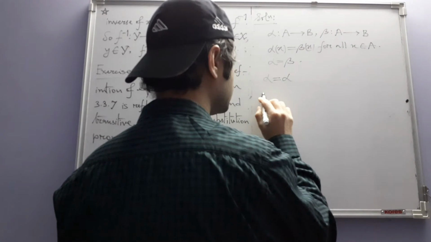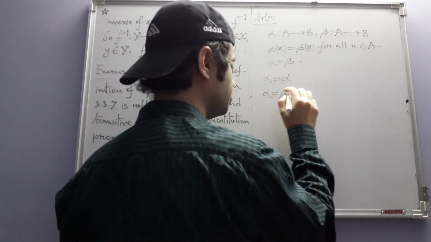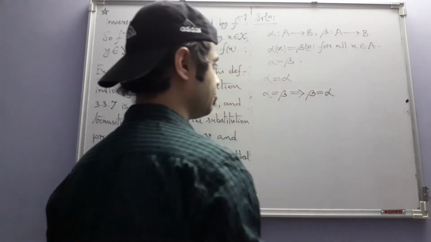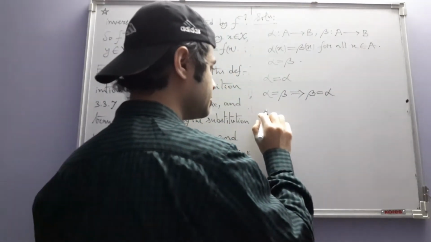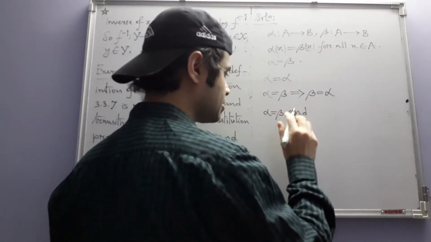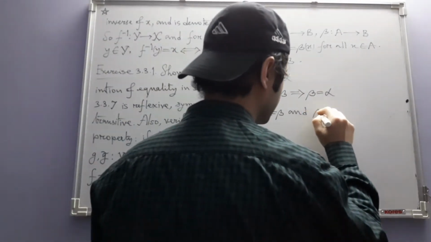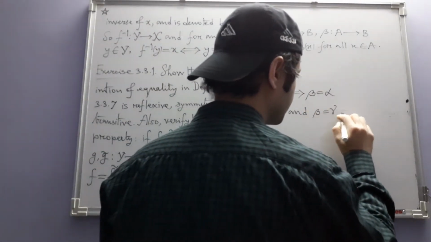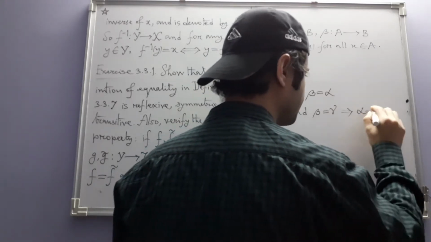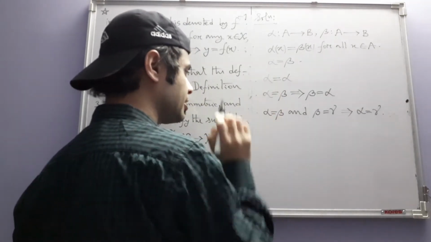Symmetry means this: if alpha is equal to beta, then beta is equal to alpha. And transitivity is this: if alpha is equal to beta, and suppose we have another function gamma, and beta is equal to gamma, then alpha must be equal to gamma. So this is reflexivity, this is symmetry, this is transitivity.